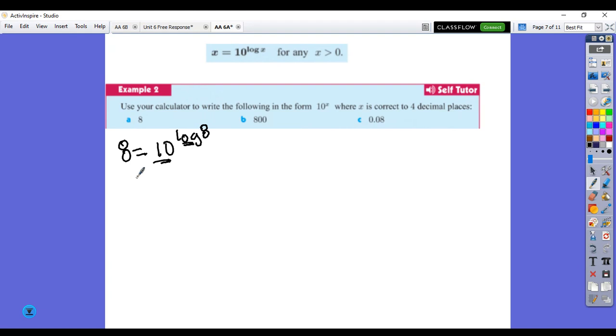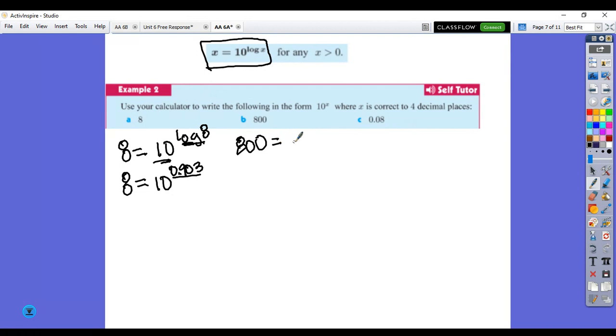What the book wants you to replace this with is 10 to a power. Actually plug log 8 and enter that into your calculator. And what do you get as an answer? Remember, always using 3 sig figs, 0.903. So you rewrite this statement using this as an example, and then just plug log 8 into your calculator and replace it.